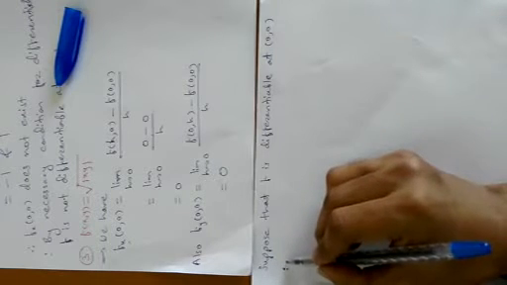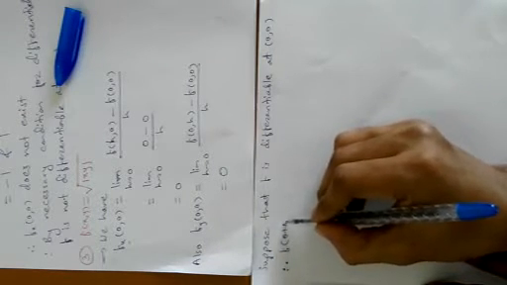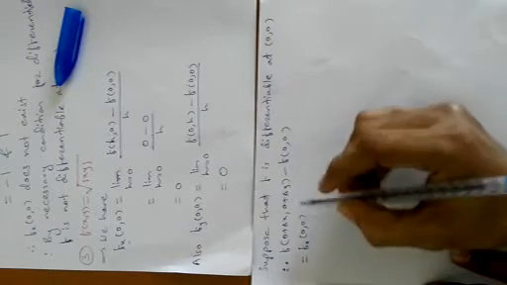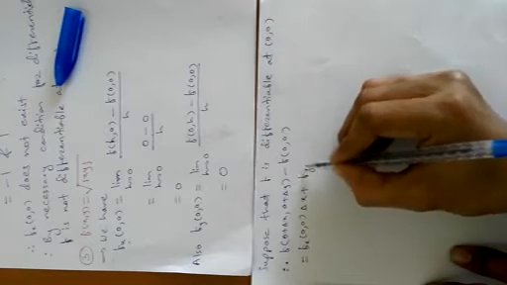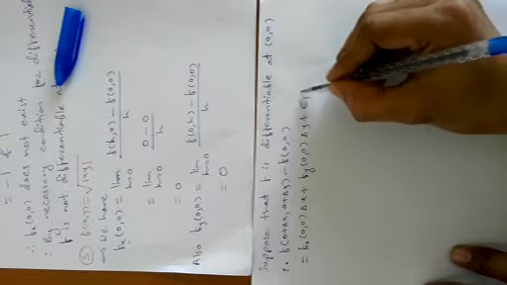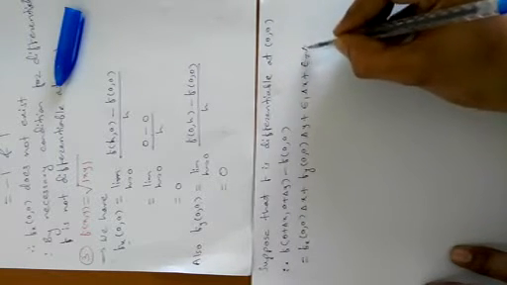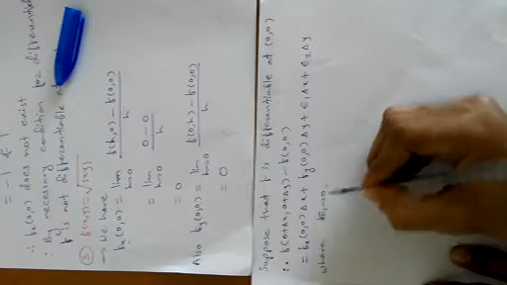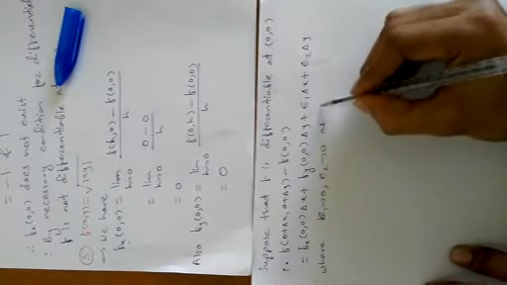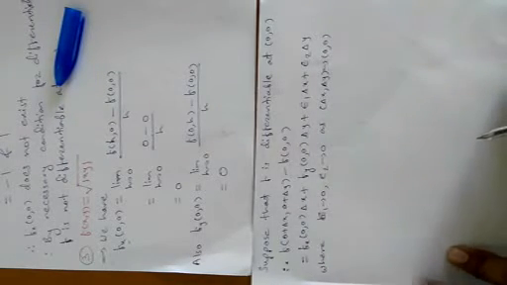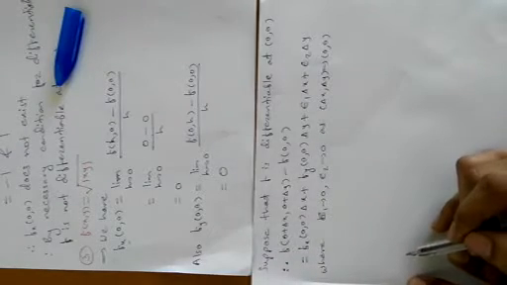Therefore f of 0 plus delta x, 0 plus delta y minus f of 0, 0 can be expressed as fx at 0, 0 into delta x plus fy at 0, 0 into delta y plus epsilon 1 into delta x plus epsilon 2 into delta y, where epsilon 1 tends to 0, epsilon 2 tends to 0, as delta x, delta y tends to 0, 0, by using the definition of differentiability.